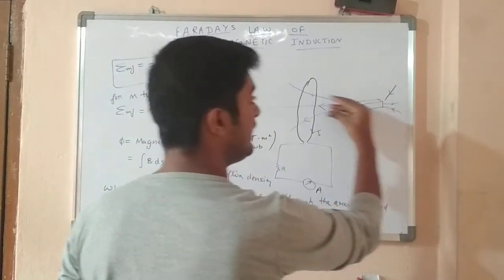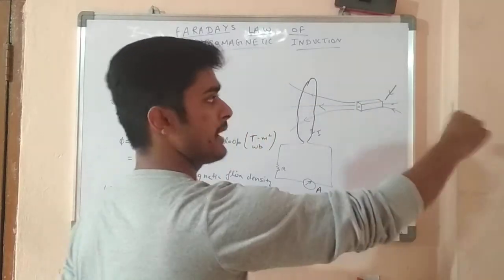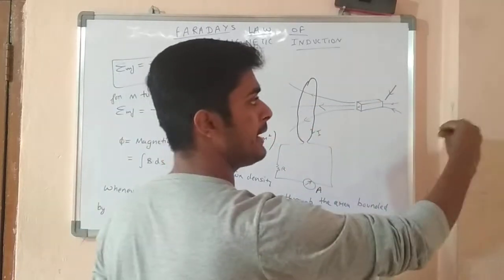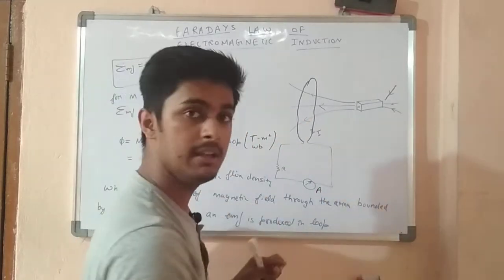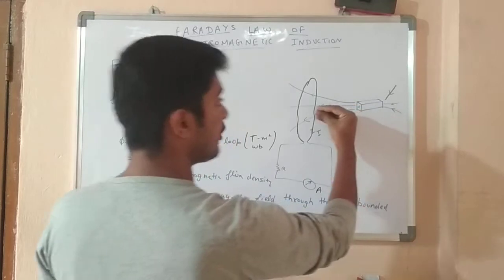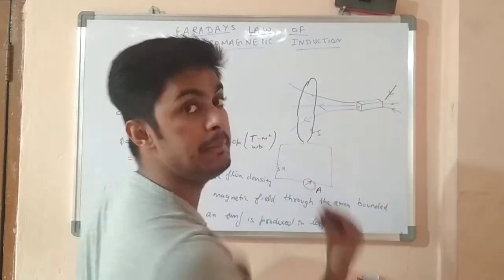The magnetic field should be changed: the magnet should be brought closer and then taken back again. What is happening when it is brought closer? When the magnet is brought closer to this loop, the magnetic field will be maximum.